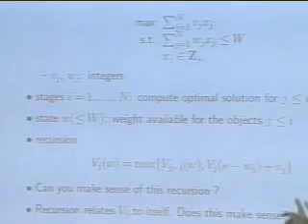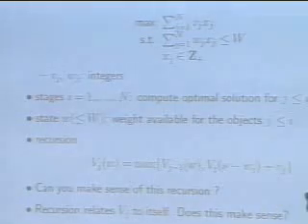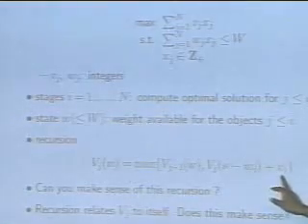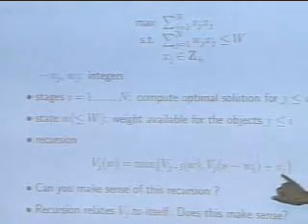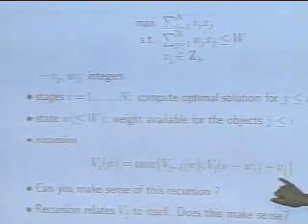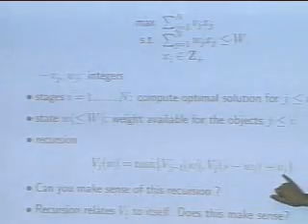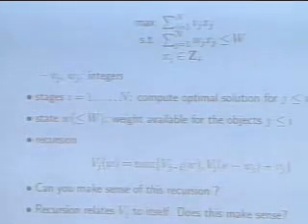So all this is saying is we take it once now, and if we take it once now, we immediately get a Vj. I just want to make it absolutely clear what is happening. Vj is the value that I get by taking this object right now. If I take that object, what's left over? It's W minus Wj. This is the weight that is left over.